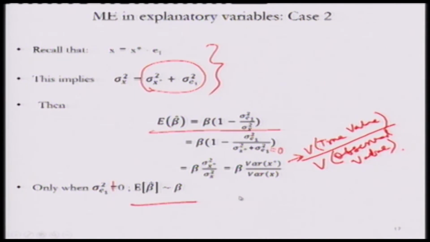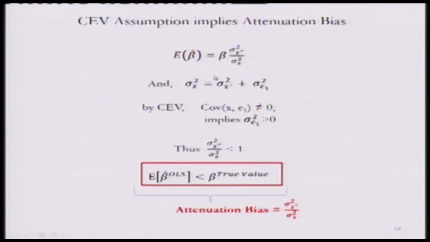We are interested in the case where this is not equal to 0 and there is indeed a measurement error. This means that your expectation of beta hat OLS is equal to this value that we saw on the previous slide.